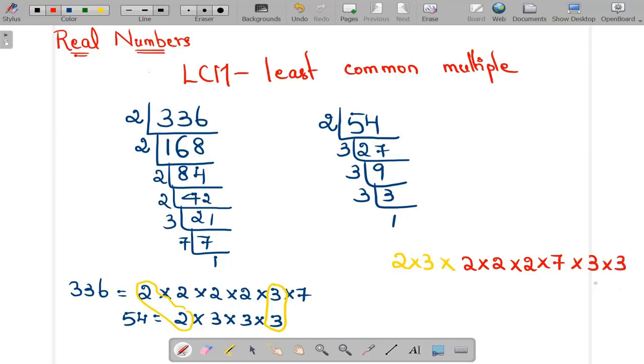If I multiply all these numbers, I'm going to get the LCM. So 2 into 3 is 6, 6 into 2 is 12, 12 into 2 is 24, 24 into 2 is 48. Now let's try 48 into 7. 8 7s are 56, 5. 7 4s are 28 plus 5, 33.